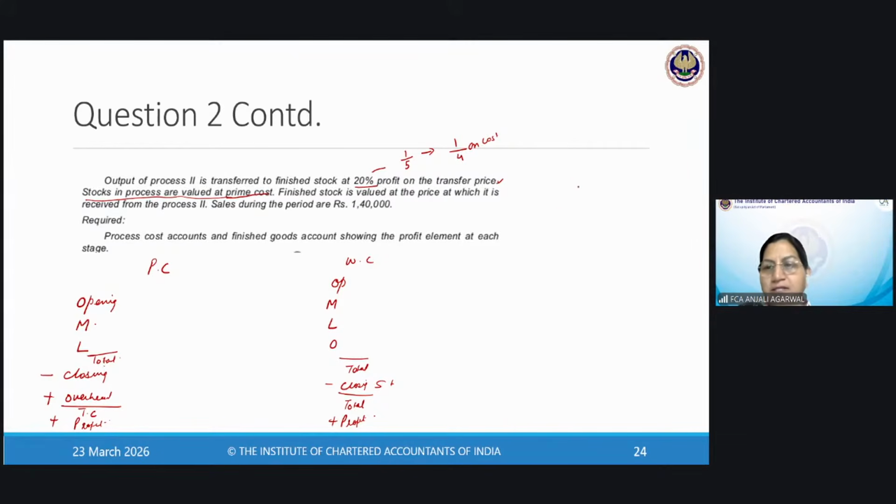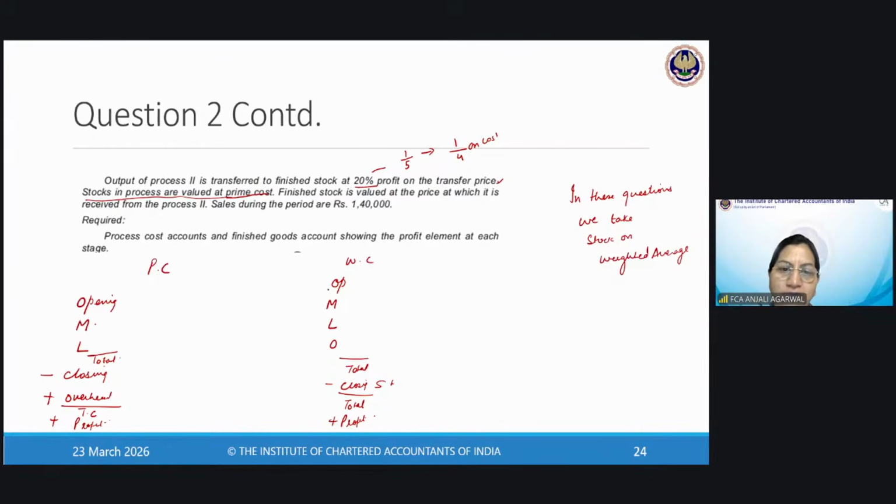Another important thing is that in these questions, we take stocks on the weighted average method. Though it is not said, we follow weighted average, and that's the more convenient one.